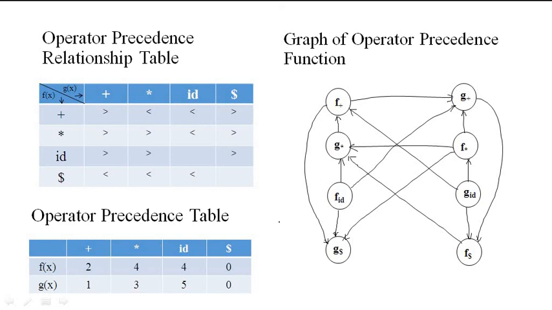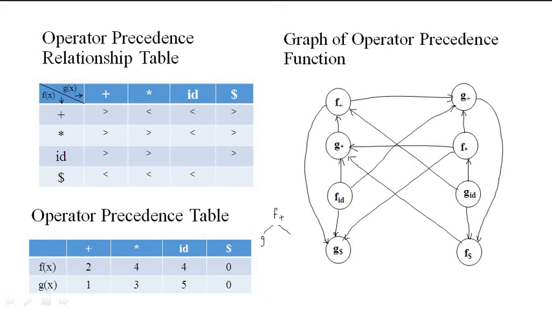So here f of plus, check relationship table outer precedence. So in f of plus there is two outer precedence. First is g plus and second is g dollar.